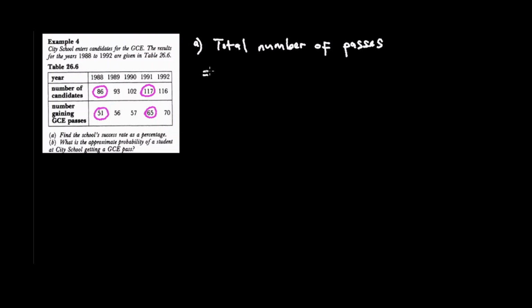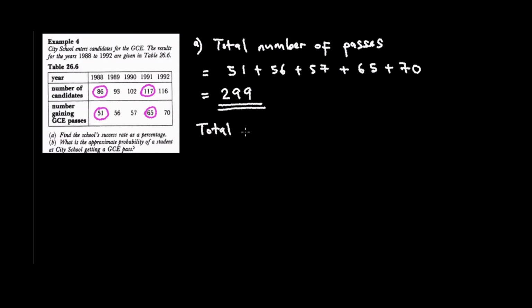What is the total number of passes? Saka toenda kune vese vakapasa 88 55 89 56 90 57 91 65 and 92 70. Saka tikaeda zvese izvi namba yatinowana i299 ndo vakapasa, but takuda futi kuziva total number of candidates.